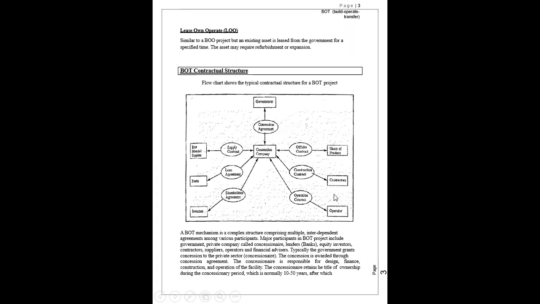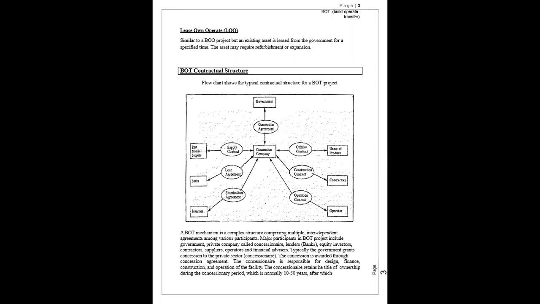So this concession company can make different agreements with different other sub vendors. Okay, so these sub vendors are not joined directly to the government officials or to the government. These are joined with the concession company, the company who has the agreement with government.